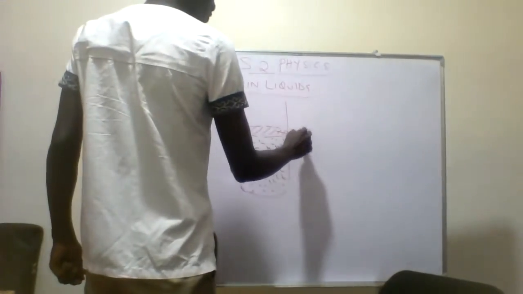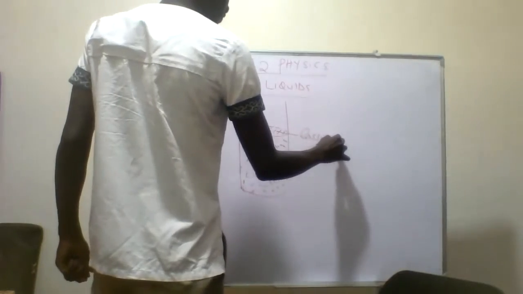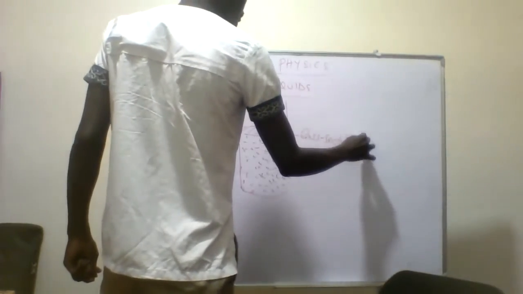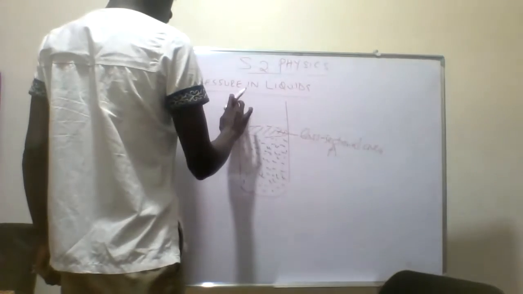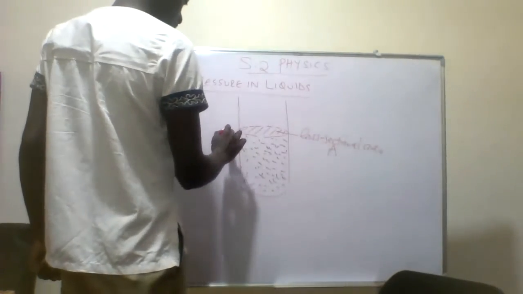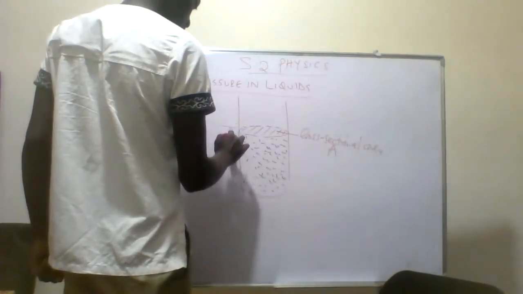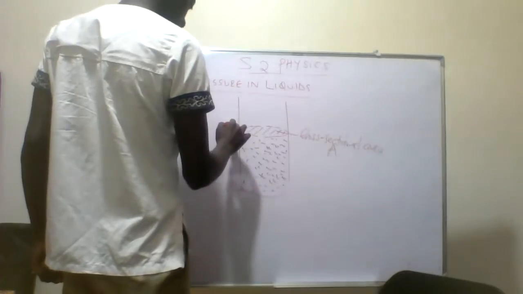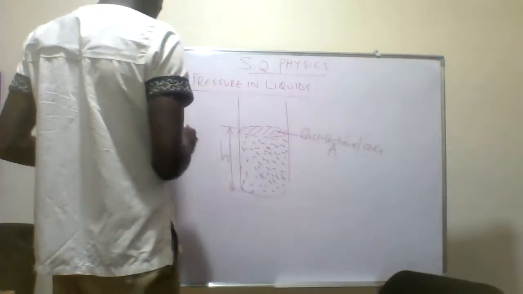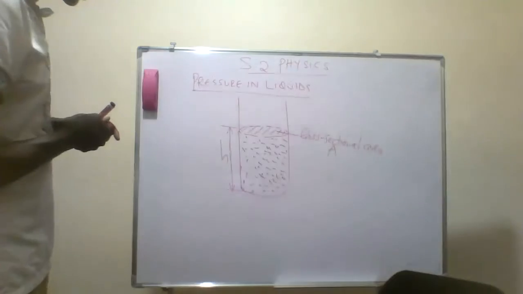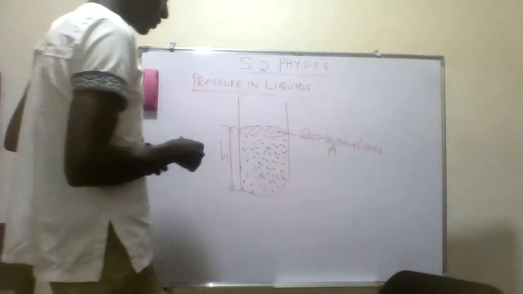So this is the cross-sectional area A, and this is the height of our liquid, which we can call the depth of the liquid.